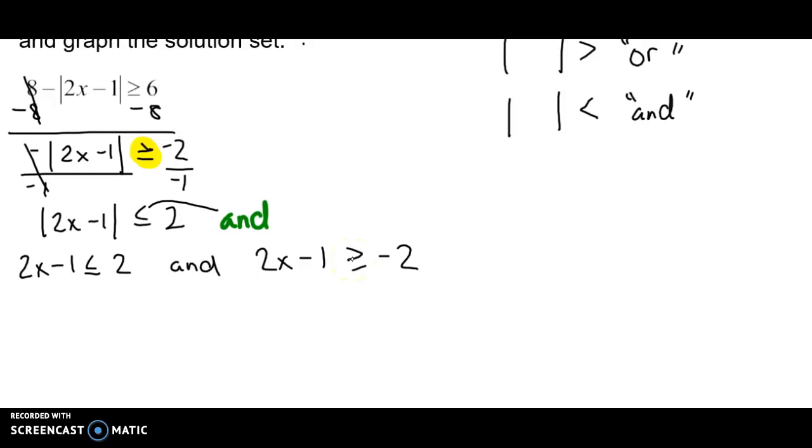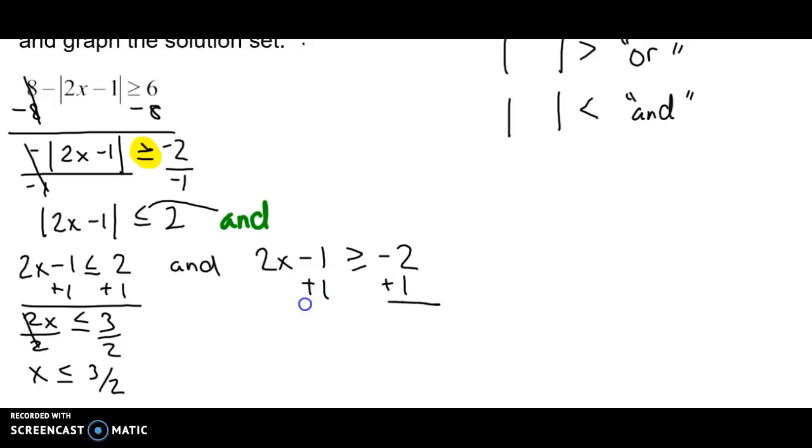So when solving this, I'm going to add 1 to both sides. So I get 2x is less than or equal to 3. Divide by 2. So x is less than or equal to 3 over 2. That's my first one. Then I'm going to add 1 to both sides. So I get 2x is greater than or equal to negative 1. Then I divide by 2 on both sides. So I get x is greater than or equal to negative 1/2.